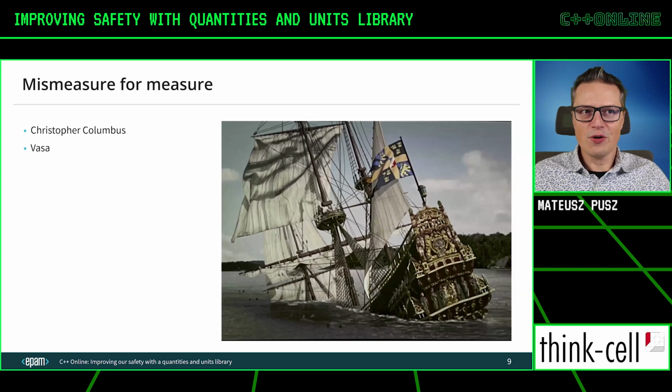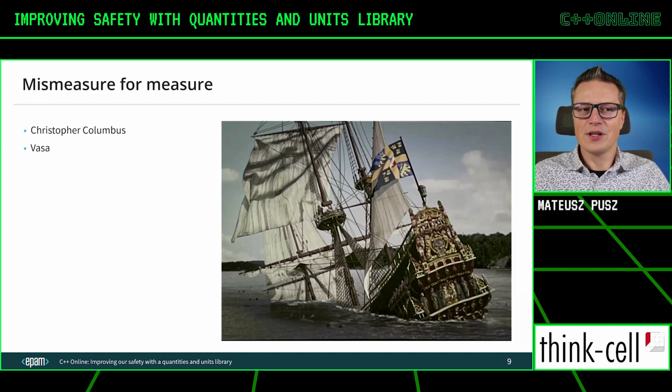Vasa, the famous warship, sank in 1628. It sank actually less than a mile into her maiden voyage. So right after it was launched on the water, it just collapsed on one side. It resulted in the death of 30 people on board, and archaeologists believe that one of the reasons for the Vasa ship to collapse was that the sides of the boat were of different thickness, because they had different teams working on different sides of the boat.